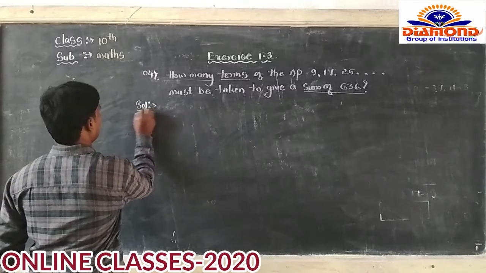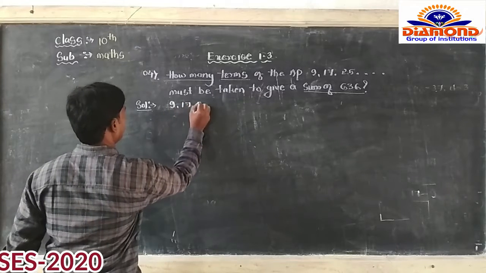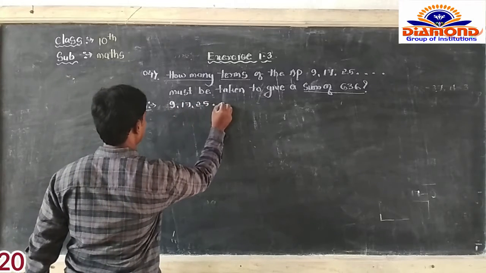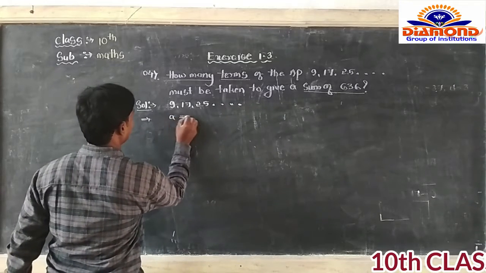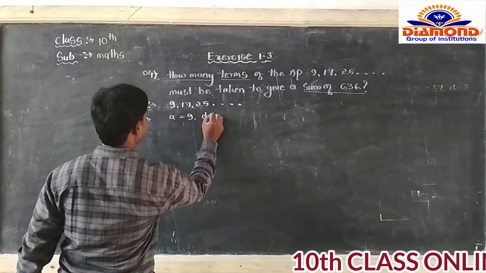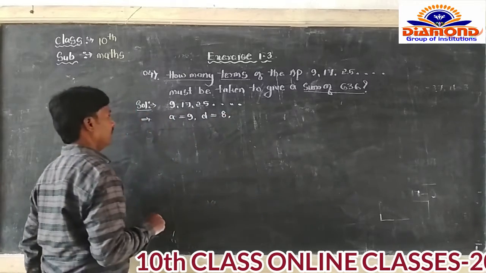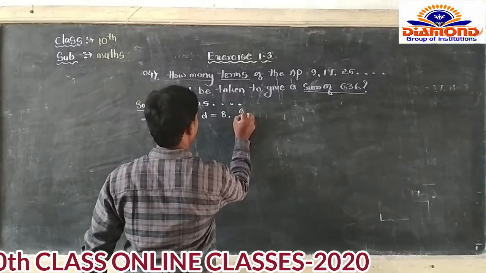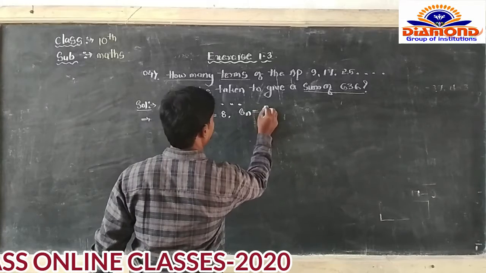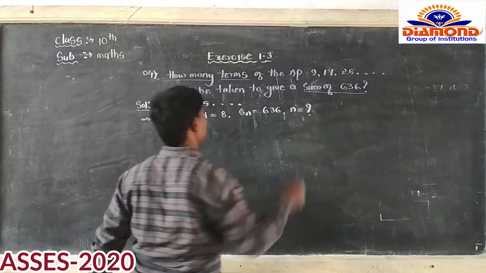Here, first you should write the sequence: 9, 17, 25, and so on. Next, take the values. Here a is equal to 9 and the common difference d is equal to 17 minus 9, which is 8. The sum Sn is given as 636, and he is asking n equal to question mark.